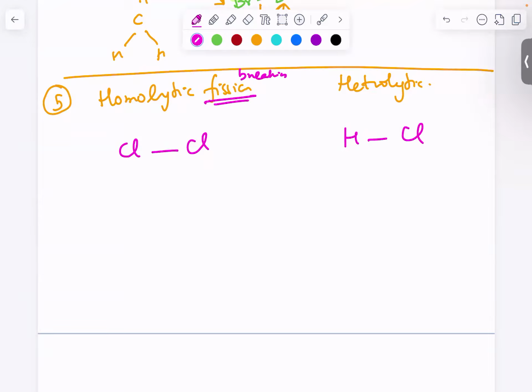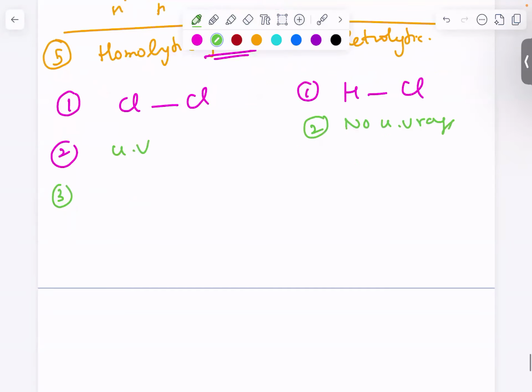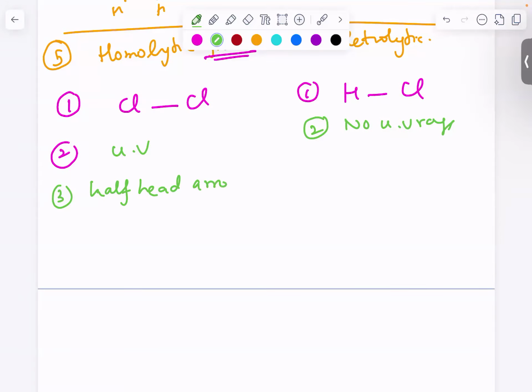In case of homolytic fission, this is the first point. The second point is that in homolytic fission, UV rays are required, while in heterolytic fission, no UV rays. The third point is that homolytic fission is represented by half-headed arrows, while heterolytic fission is represented by a full-headed arrow.